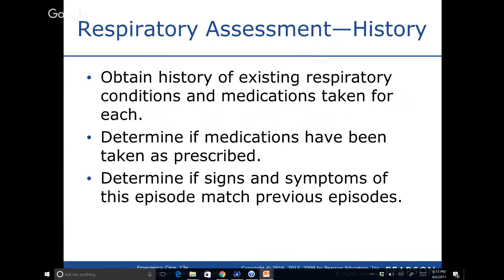Is this any different? No, it's about the same, but sometimes this one's a lot worse. Okay, so you know that maybe it's progressed further than before, but it gives you insight that this has happened before. This goes along with their disease process versus maybe a new onset.